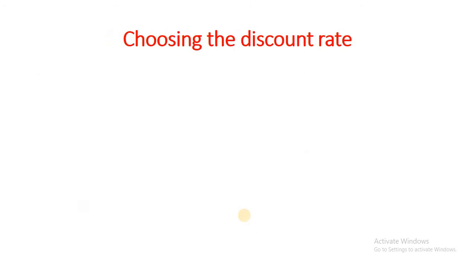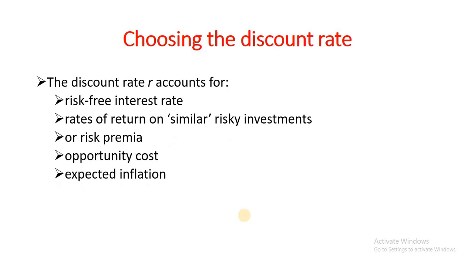Now, how do we choose the discount rate? When we choose the discount rate, we need to consider several factors. These are the risk-free interest rate. We can consider the interest rate of a treasury bill as a risk-free interest rate.